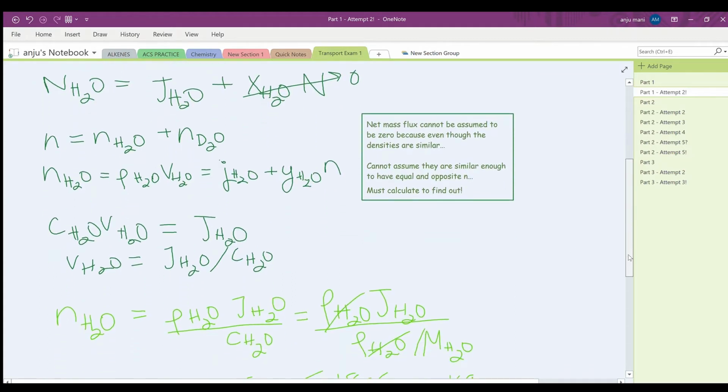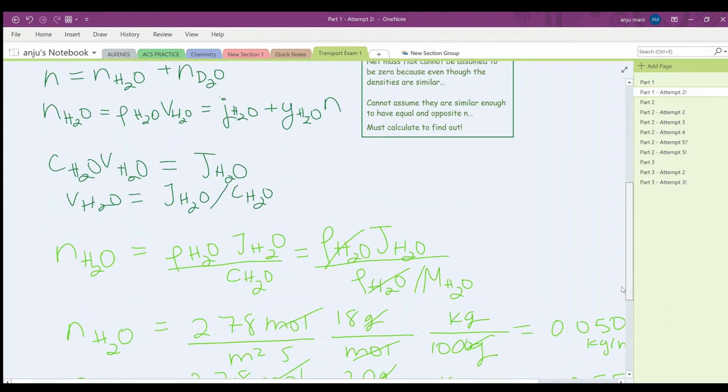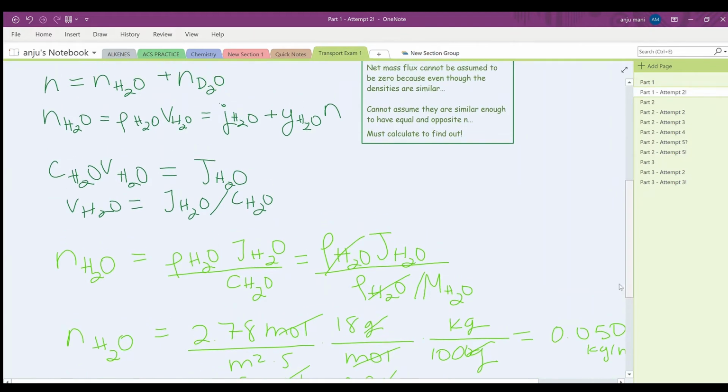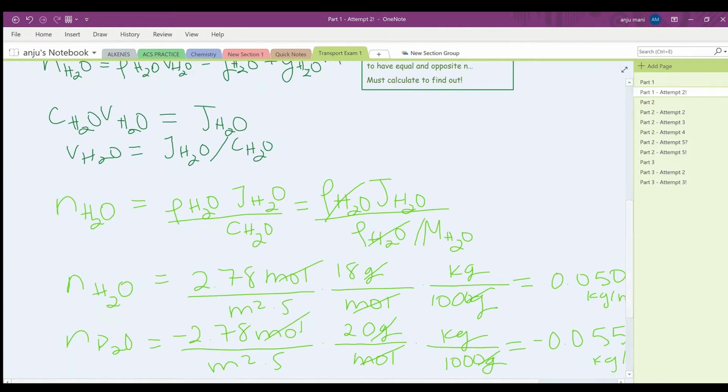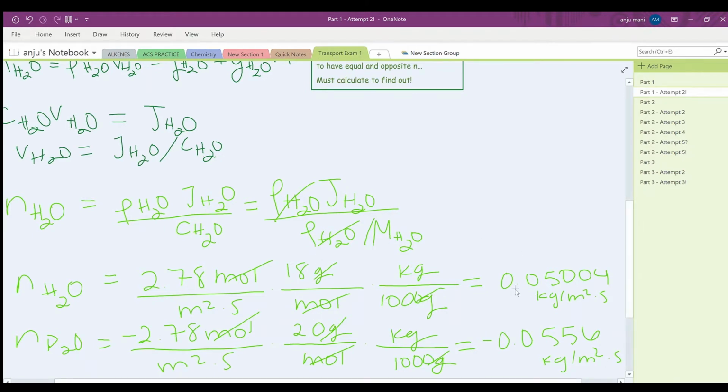Now we can plug that into our mass flux for the individual component, and we get that it is the molar diffusive flux times the molecular weight. When we calculate that for the mass flux of water, we get 0.05 kilograms per meter squared second.